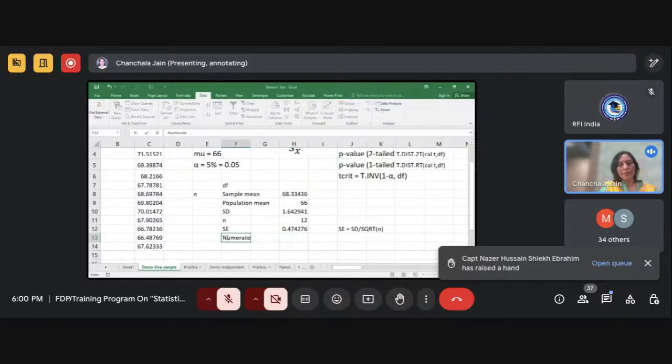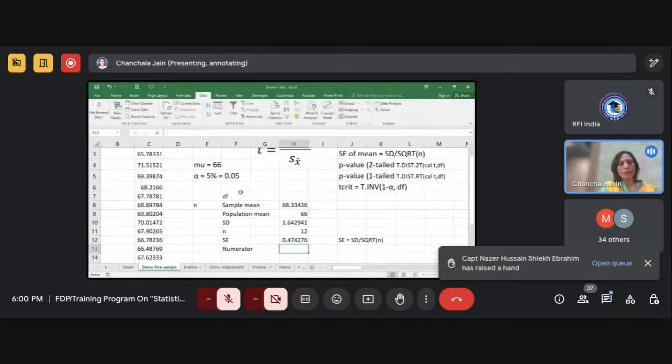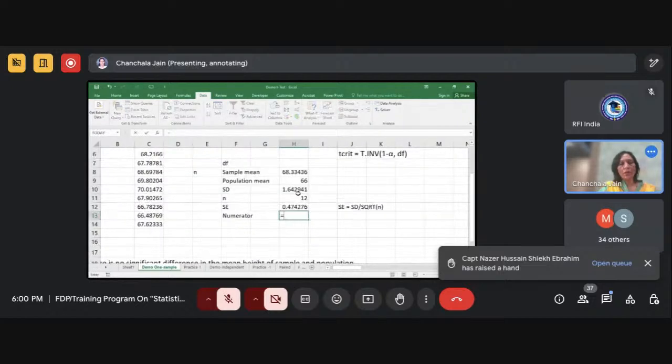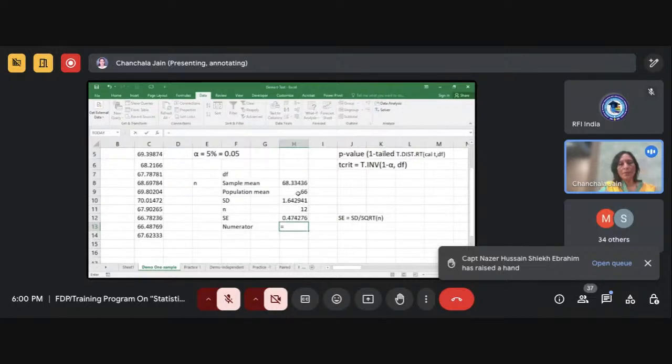Numerator is what? This is sample mean minus population mean, right? So the sample mean is this, minus the population mean, which is this. Done? Yes, ma'am. So this is the numerator.